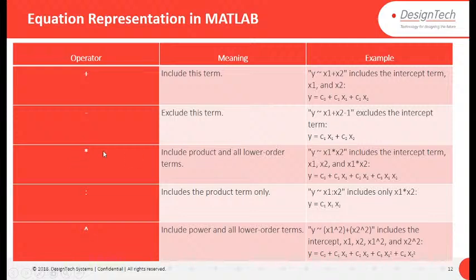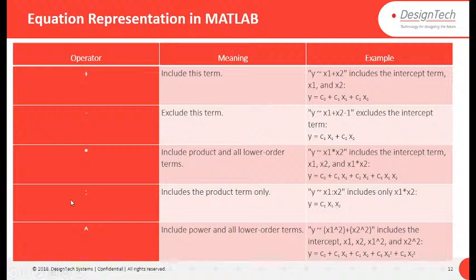Asterisk sign is used for multiplication. If I write this, I want this kind of equation, that it will be a multiplication of x1 and x2. So your final equation will look like this: y is equal to some constant, because we didn't exclude that coefficient in this case, right? Plus c1 x1 plus c2 x2 plus c3 x1 x2.